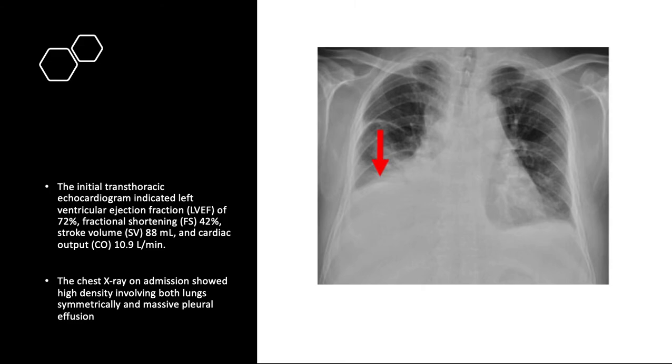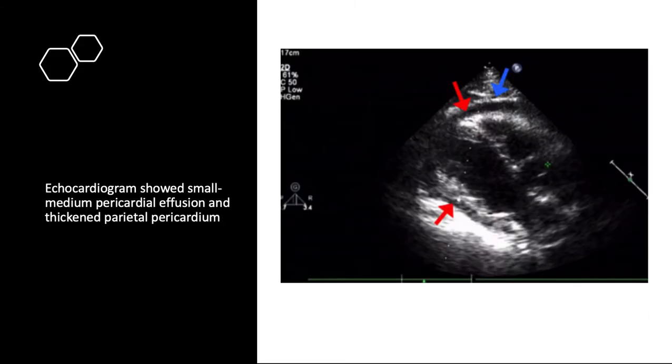On the picture you see the chest X-ray on admission that shows high density involving both lungs symmetrically and massive pleural effusion signified by the red arrow. Echocardiogram showed small to medium pericardial effusion shown by red arrows and thickened parietal pericardium shown by the blue arrow.